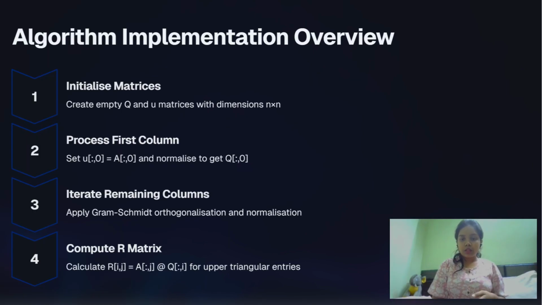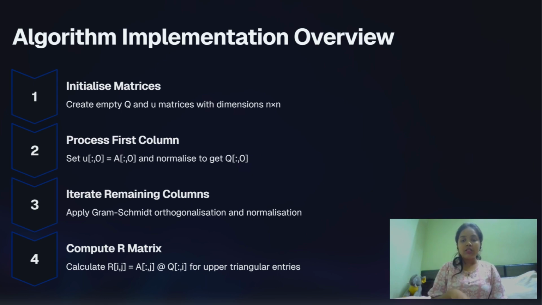This slide provides an overview of the algorithm's implementation process. We start by initializing the matrices Q and U, both of which have the same dimensions as our input matrix. Next, we process the first column by setting it equal to the first column of A and then normalizing it to form the first column of Q. After that, we iterate through the remaining columns, applying the Gram-Schmidt orthogonalization process.